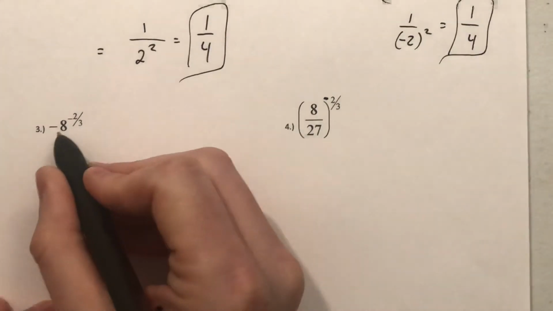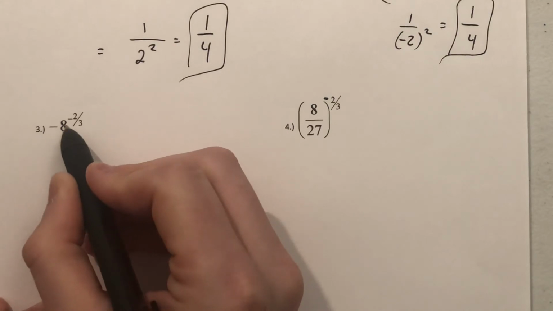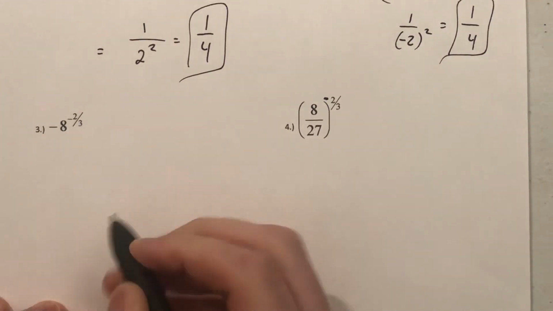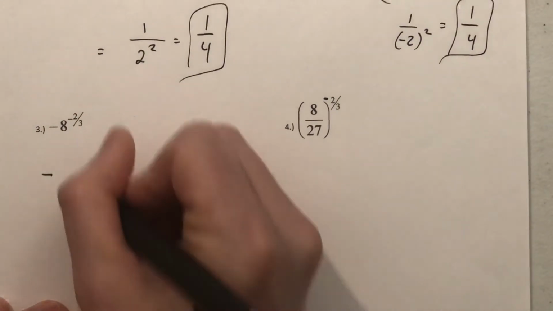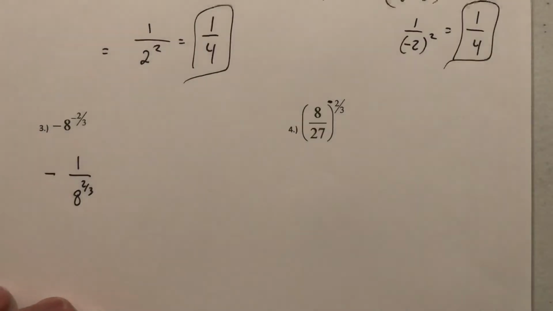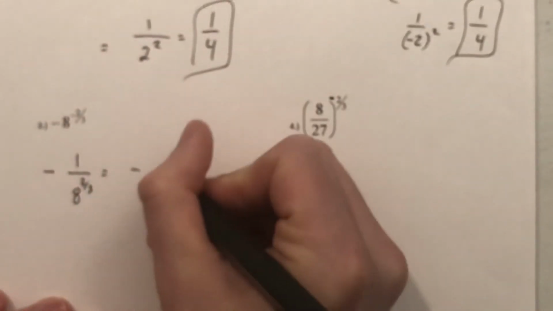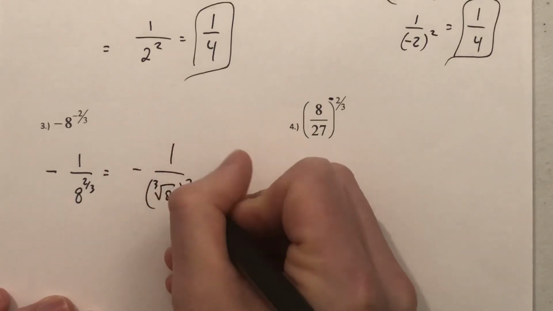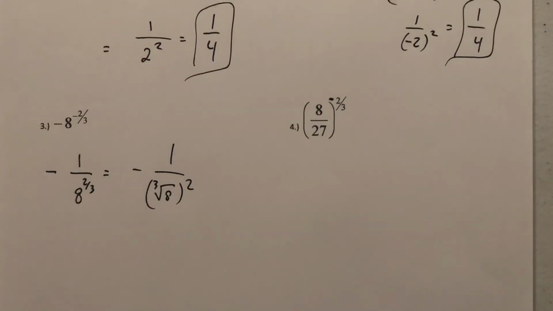Looking at the next one, we want to point out that the negative is not going to be included in what's being raised to this power, as we saw earlier. The exponent will only apply to that 8, so the negative sits there while we look at 1 over 8 to the 2/3, which I can then reinterpret as the cube root of 8 being squared.